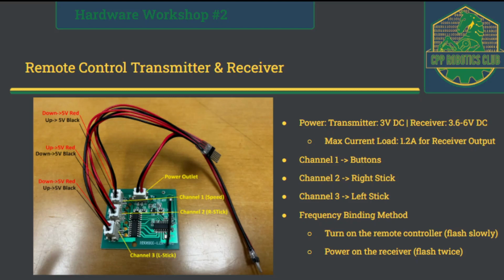But on channel 2, if you push the joystick up, 5 volt will appear on the red output instead. That's something you need to keep in mind when programming your Arduino, because pushing up doesn't mean that the red output of the channel will be 5 volt; it is based on this configuration right here.